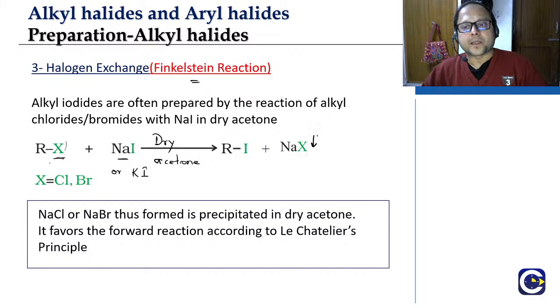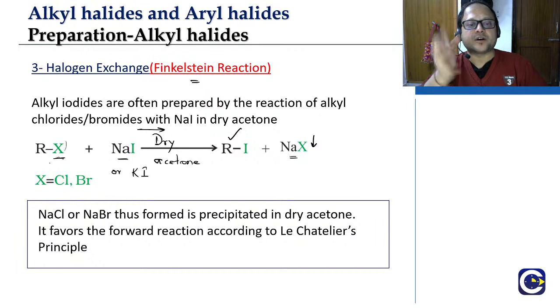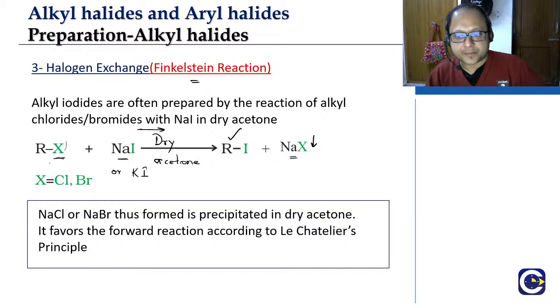So when one of the products is eliminated from the net output, what happens then? As per Le Chatelier principle, your reaction keeps on moving forward. So more and more of this product is formed when you keep on removing this in the form of precipitate. So that's the main benefit of having dry acetone as your solvent, right?